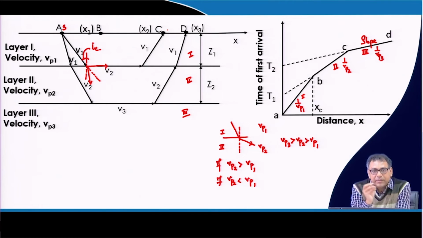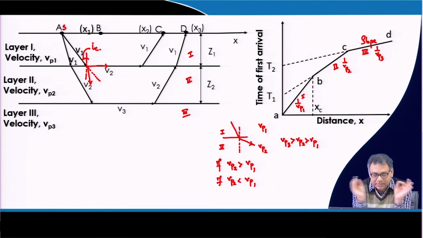Initially, if the distance between A and C is very small, then definitely the direct ray will reach first, because the travel distance is very small. But as the distance between A and C increases, then the refracted rays will reach first. Why?